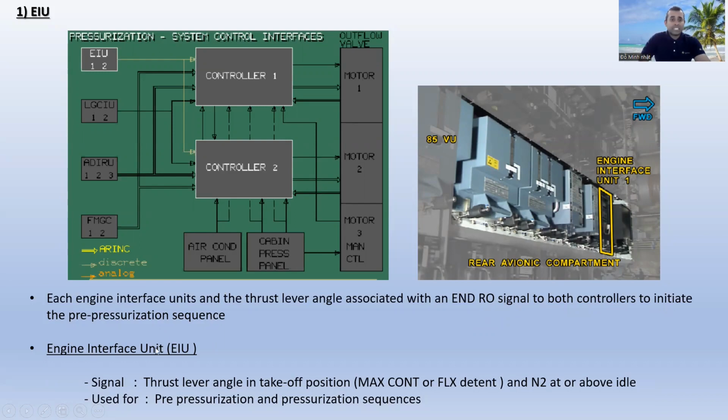The EIU signals are thrust lever angle in takeoff position, max continuous or flex, and N2 at or above idle. It's used for pre-pressurization and pressurization sequences. Just remember, EIU is used for pre-pressurization and pressurization sequences.